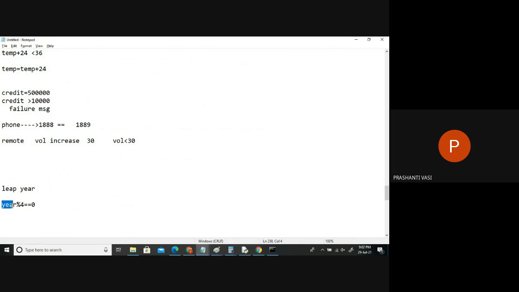When I divide a number by 4, it will only check its remainder, not the quotient, right? See, if I say 5 by 2, we'll get an answer as 2, not the remainder. It won't do 2.5 division. And if I say 5 mod of 2, it will give the remainder on division with 2. So when you divide 5 by 2, the remainder left is 1.